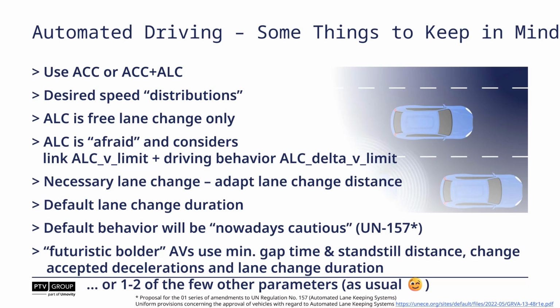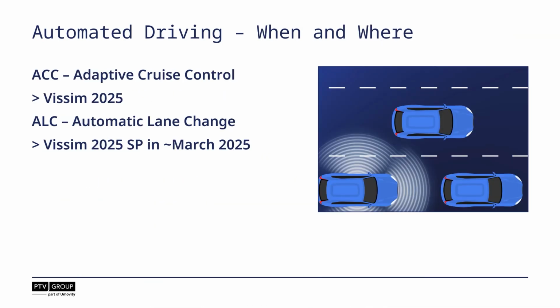In general, more futuristic, bolder AVs are kind of a black box. You can use shorter gap times, higher speeds, or more aggressive numbers for decelerations and many other things to make them more bold. So finally, when and where can you use these new models?